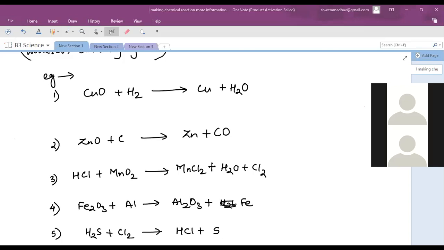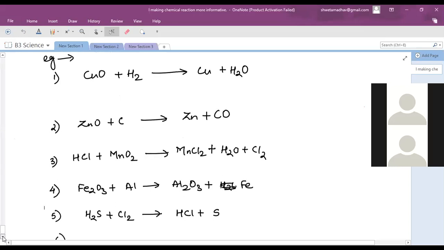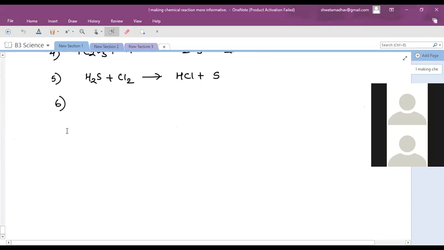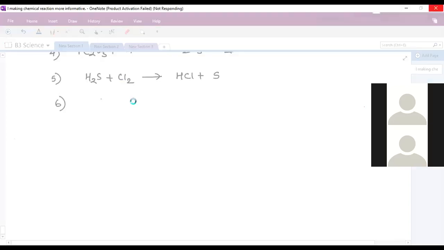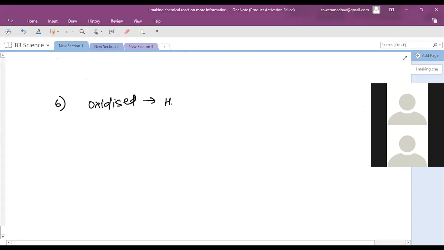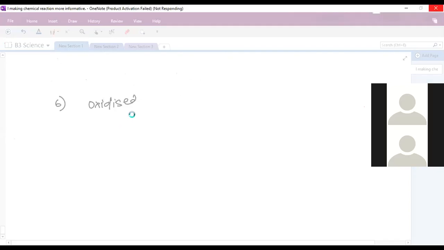What are the oxidizing and reducing agents here? H2S is oxidized. And which is reduced? Chlorine.